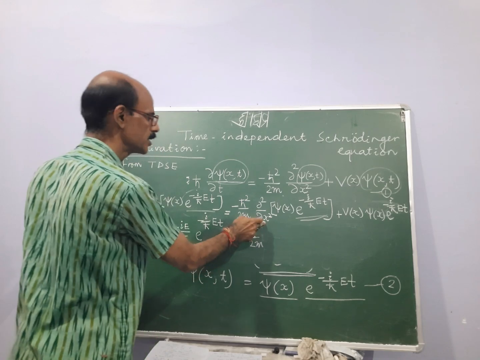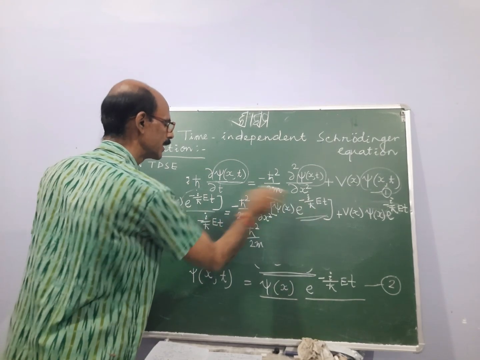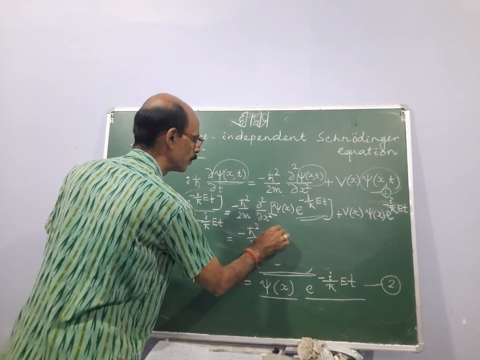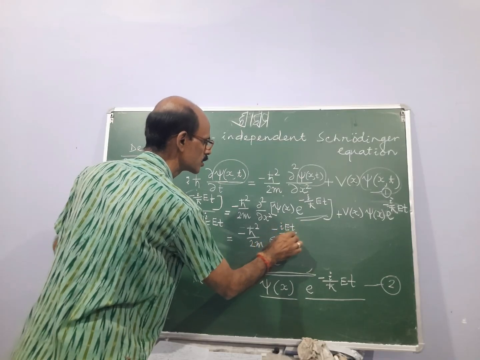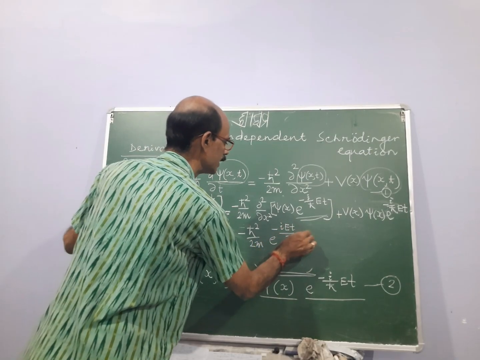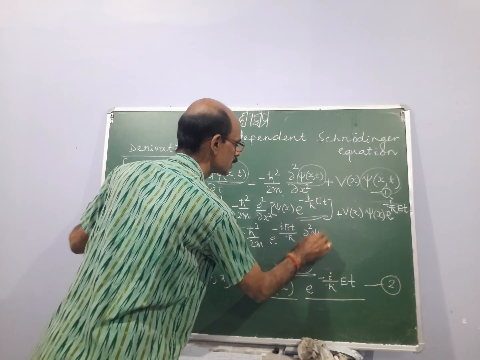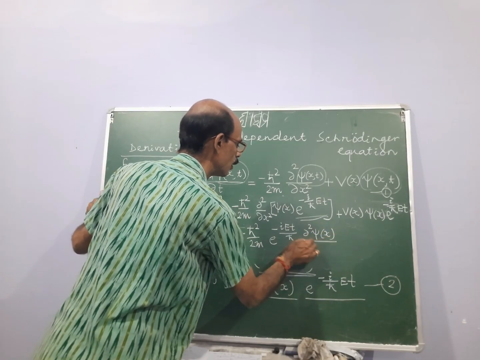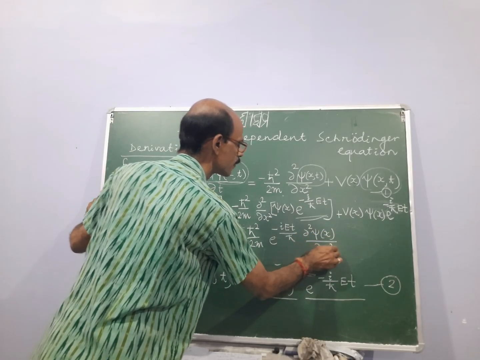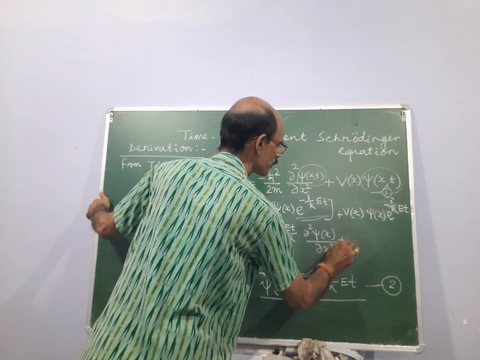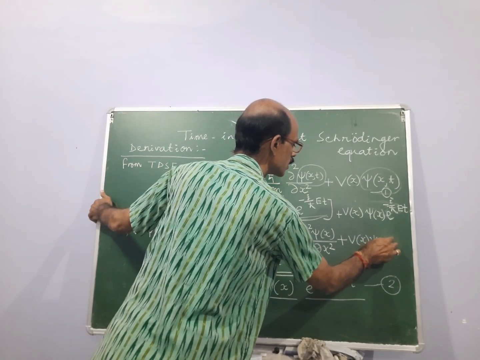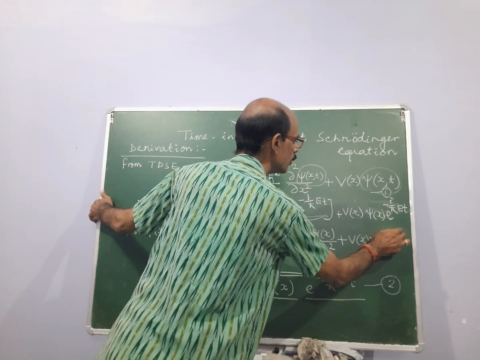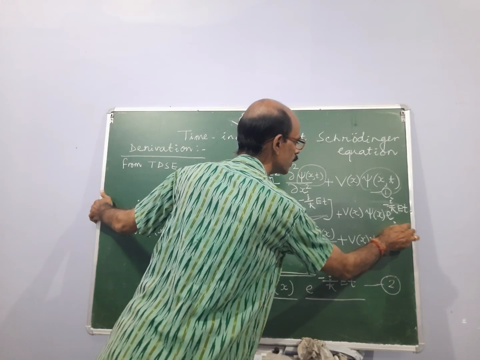Since we are differentiating with respect to position, it can be taken outside: exponential minus i E t by h cut del square psi x by del x square, plus V x psi x exponential minus i E t by h cut.